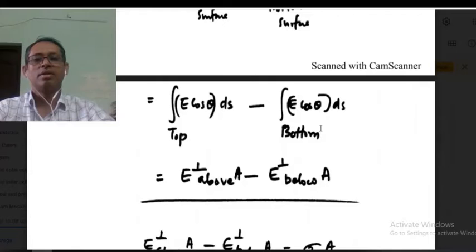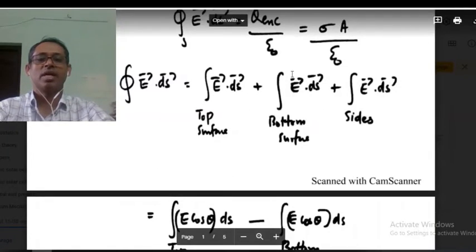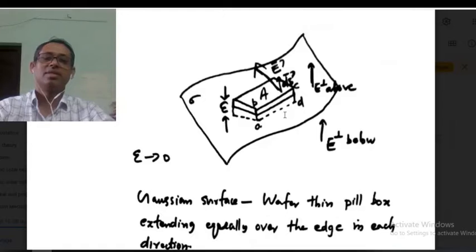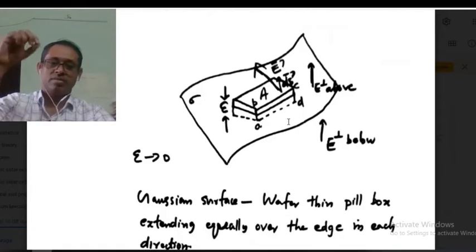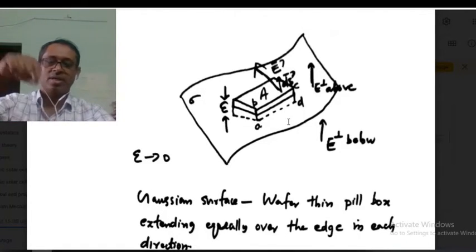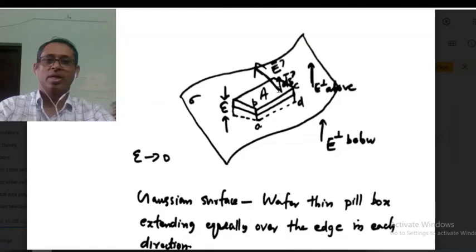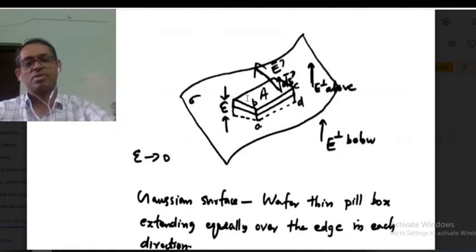And for the bottom surface we are calculating E dot ds. For the bottom surface, ds will be pointing downwards, just opposite to the ds on the top surface.